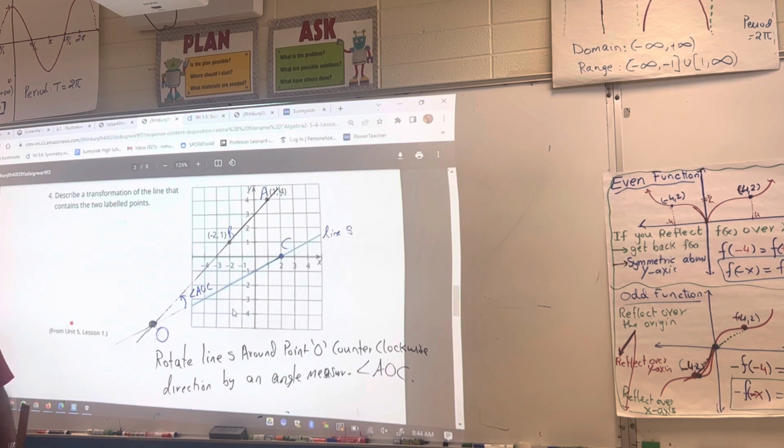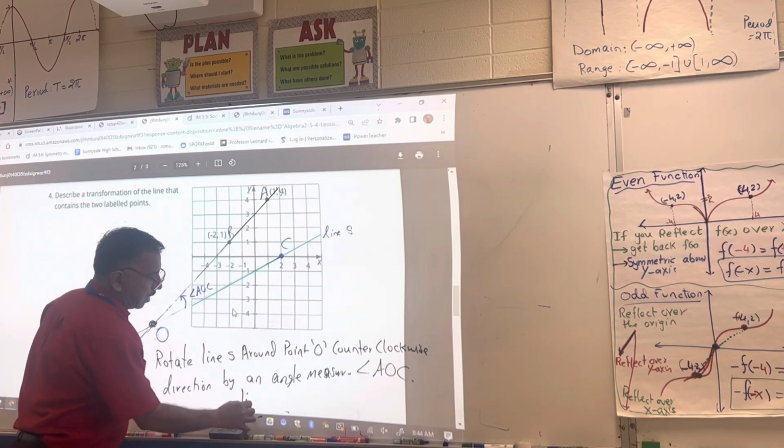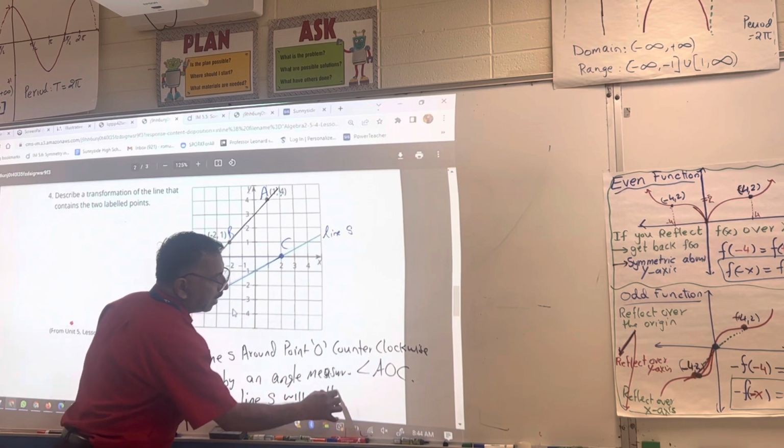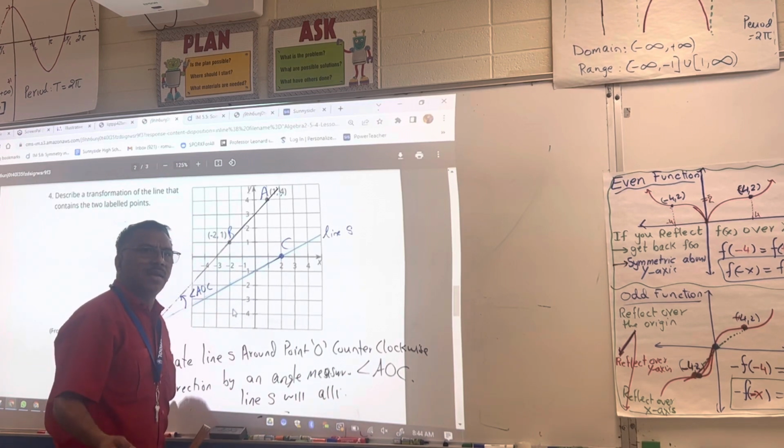By doing so, line S will align. How do you spell align?